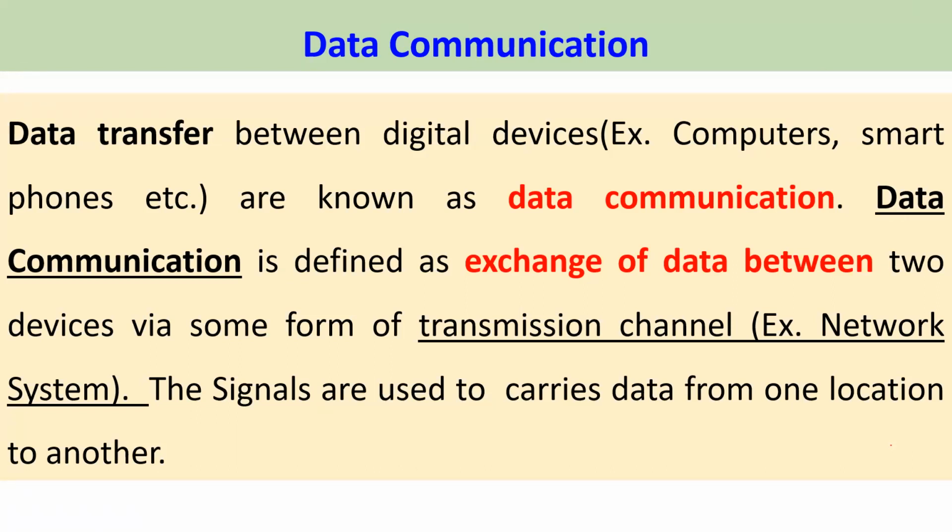When we consider data communication, here they are saying data travels between two digital devices. It may be two computers, two smartphones, computer to smartphone, smartphone to computer, computer to server, or server to server.